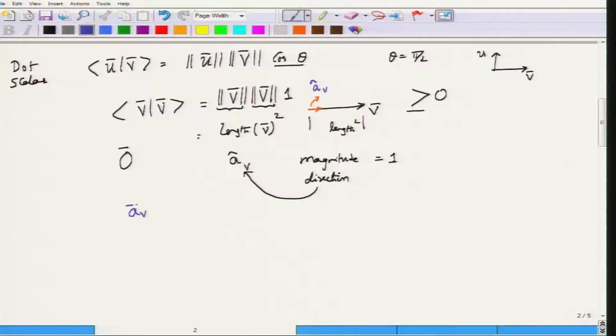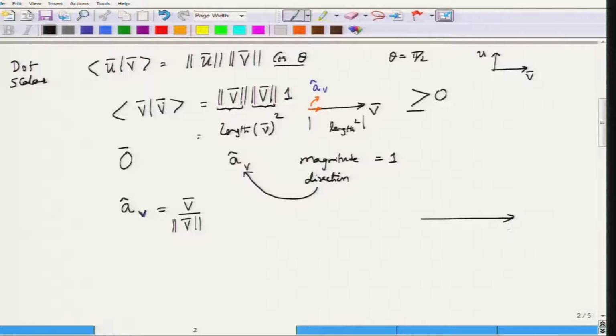So, how do I obtain the unit vector? All I have to do is take the original vector v and divide by that vector's length. So, if I divide the vector v by its length, then I would have normalized the vector v with its length, and I would obtain the unit vector. Again, I seem to be missing the hat part here. So, this would actually be v hat, along vector v.